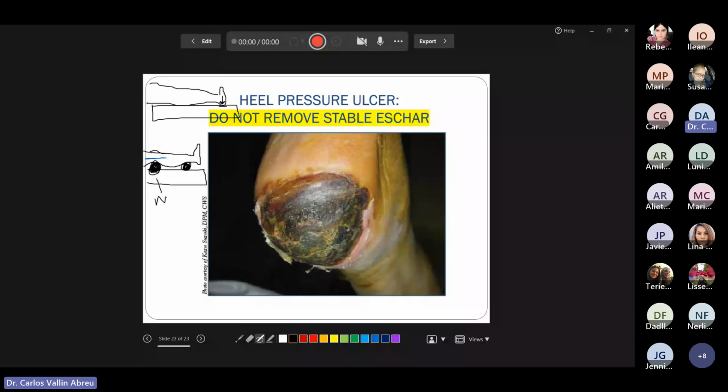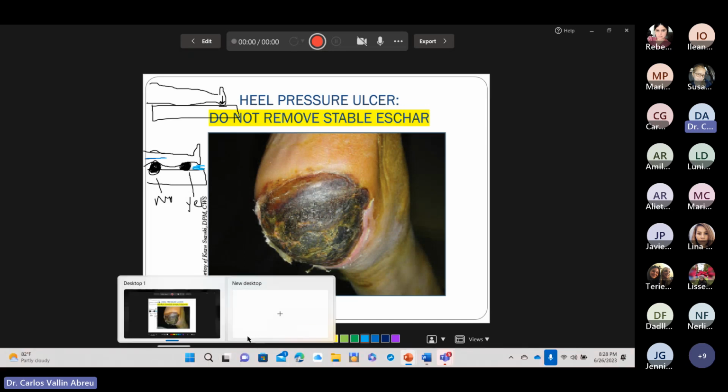Here is a no. But then we put here, yes, a roll under the ankle and the legs, so the heel is never touching the mattress; it is floating in the air. It's a common question on the exam, by the way.